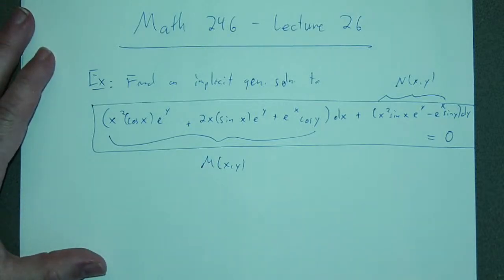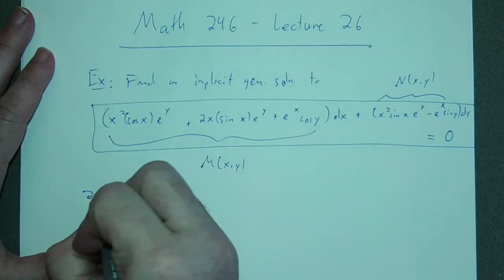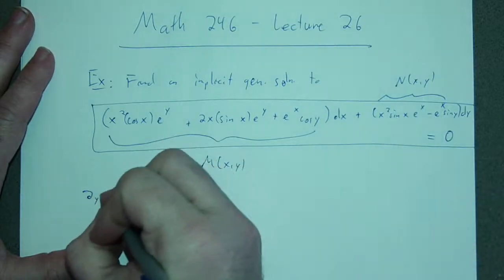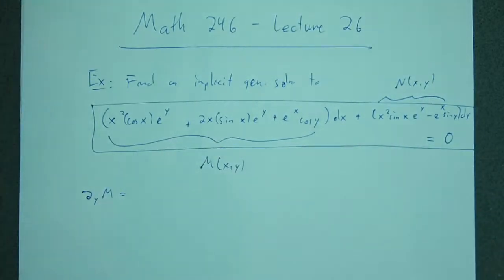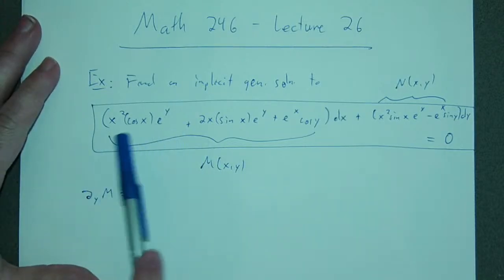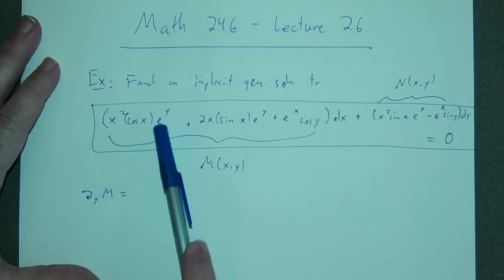I'm checking that the y partial of M is equal to the x partial of N. So what's the y partial of M? Let's just go term by term. All the things that depend on x are treated as constants, so e to the y is the only thing I'm taking the derivative of.